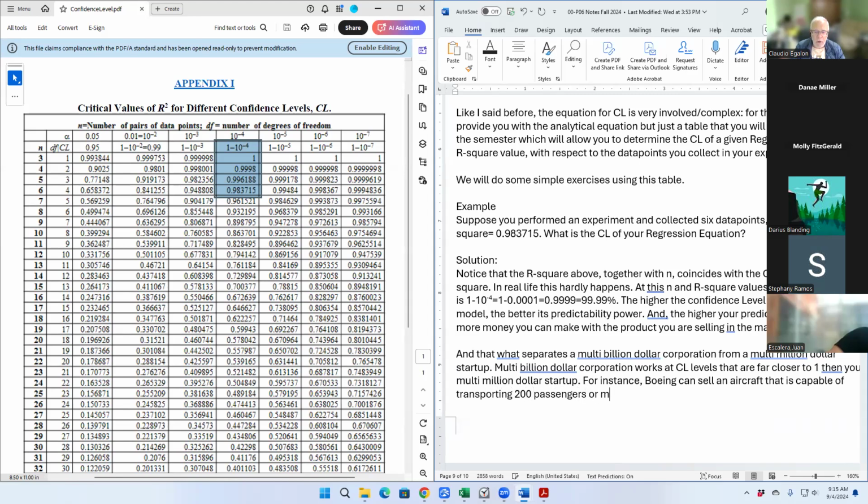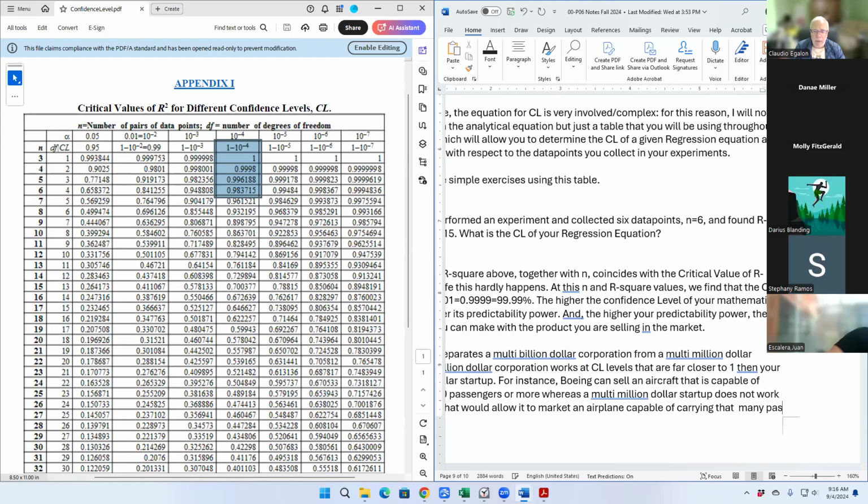Whereas a multi-million dollar startup does not work at this CL level that would allow it to market an airplane capable of carrying that many passengers.